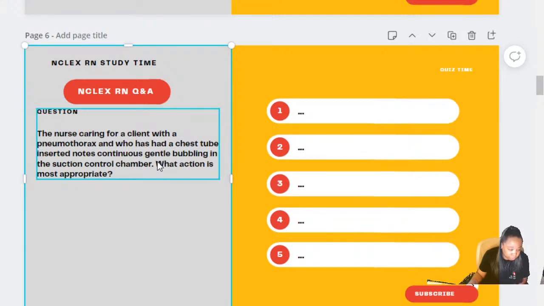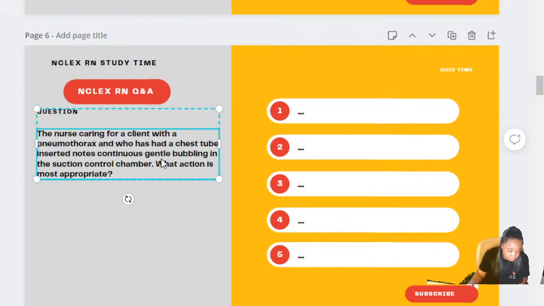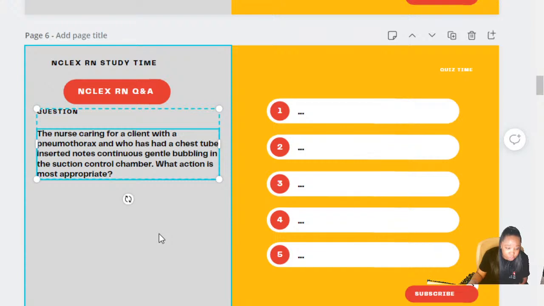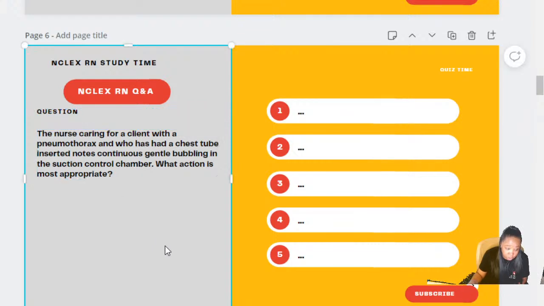You have to remember the words gentle bubbling. Is it normal to have gentle bubbling in the suction chamber? We'll see. What action is the most appropriate? What will you do as a nurse if you see gentle bubbling?